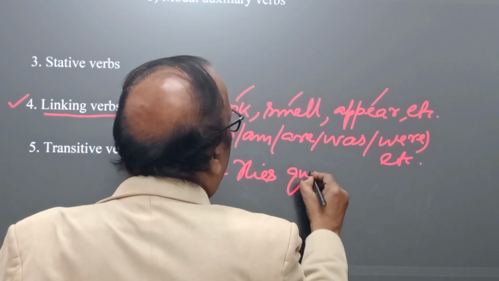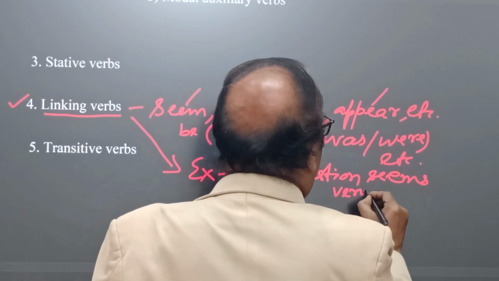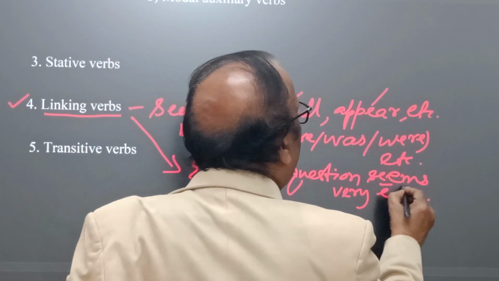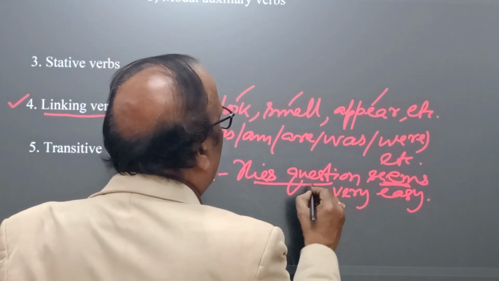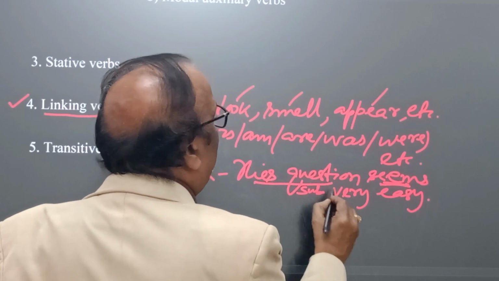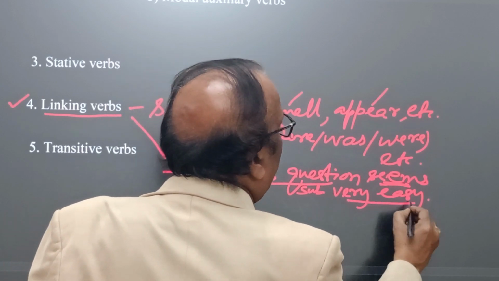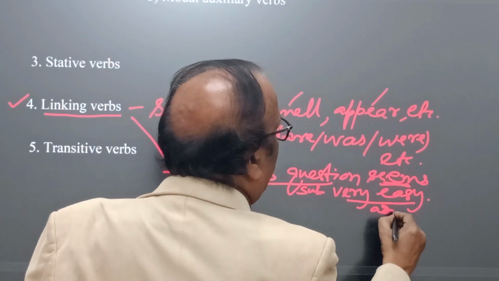Example, this question seems very easy. Here, seems is the linking verb, this question is the subject, and very easy is the adjective phrase.